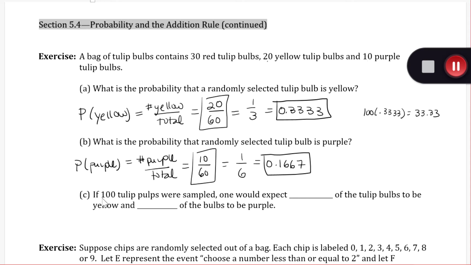So if we had 100 tulip bulbs and they were sampled, one would expect about 33 of the tulip bulbs to be yellow. And 100 times 0.1667 becomes 16.67, and we'd approximate about 17 of them to be purple.